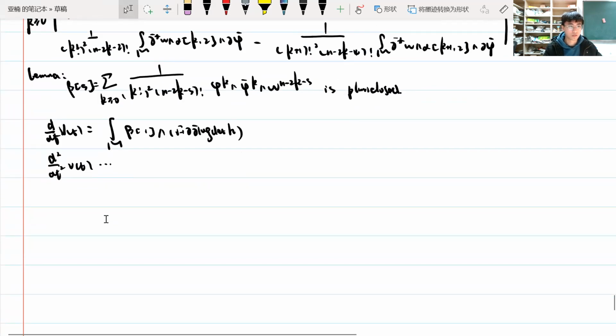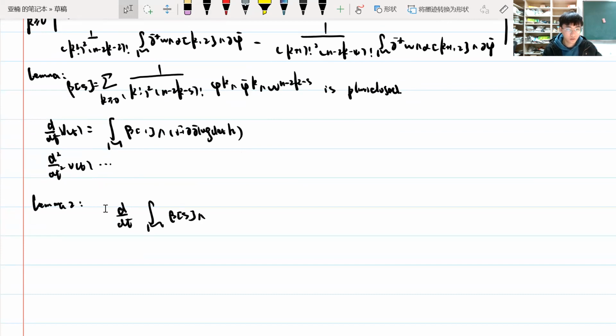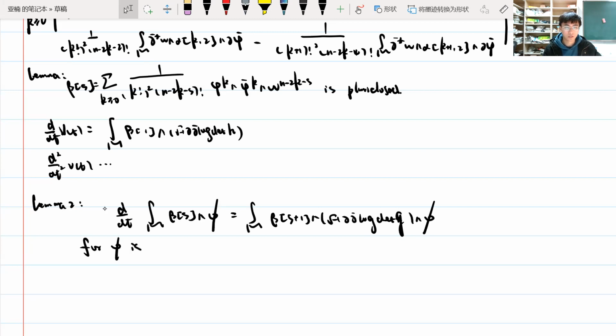Here we need another lemma, which is just that y is d and d bar closed real form.